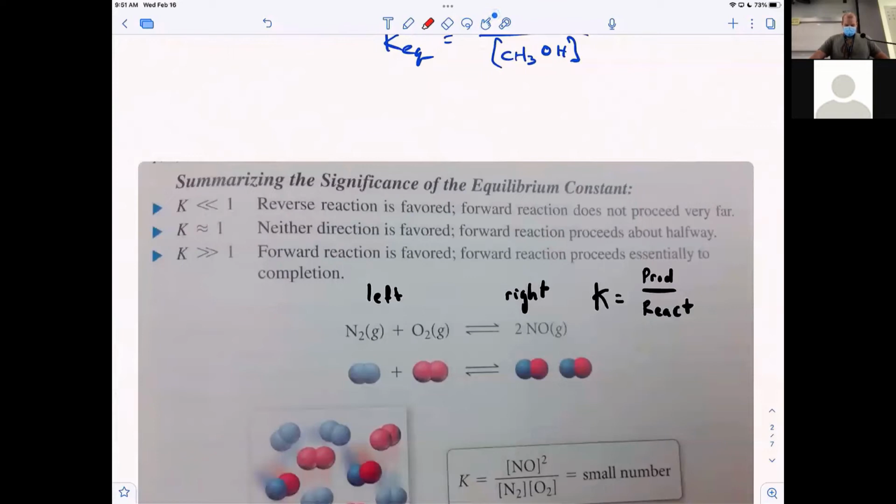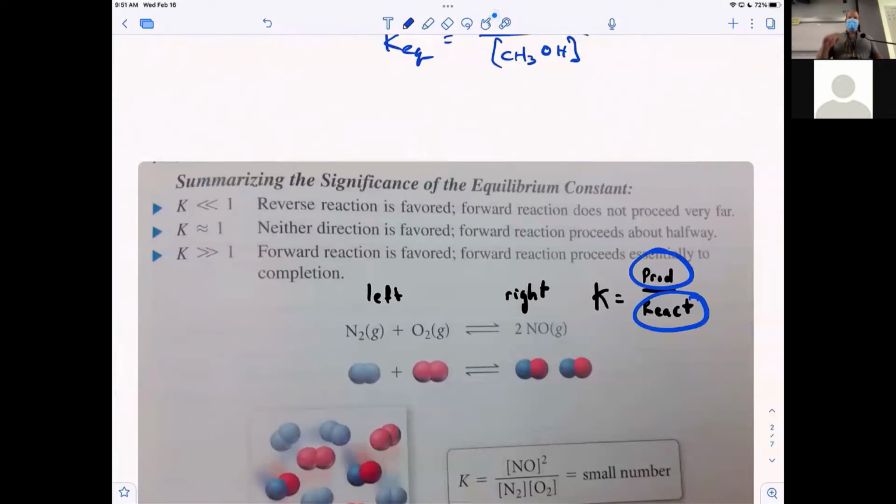How do we have a small number? That means that the products are a small number and the reactants are a big number, right? To have a small fraction means that you have a tiny numerator and a large denominator. So the equilibrium constant is product over reactant: small numerator, small products, large denominator, large reactants.